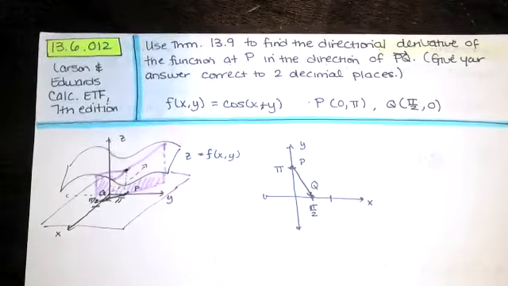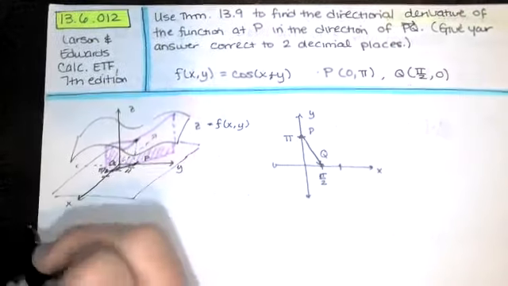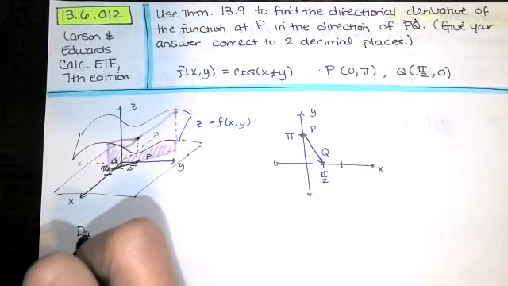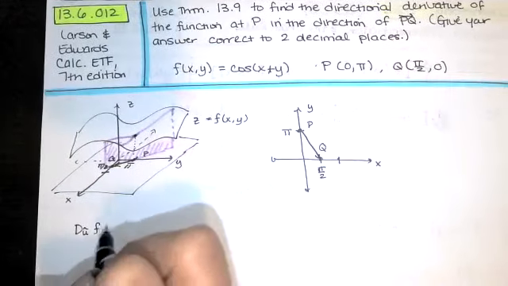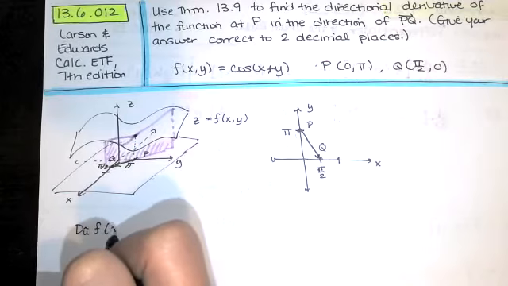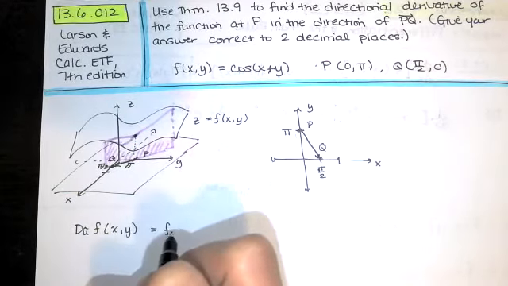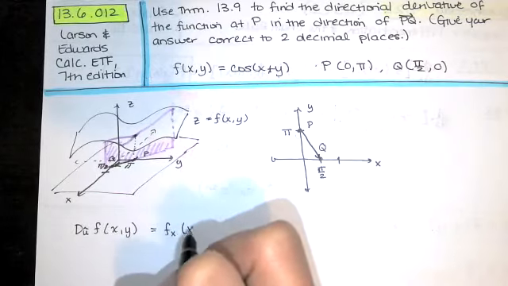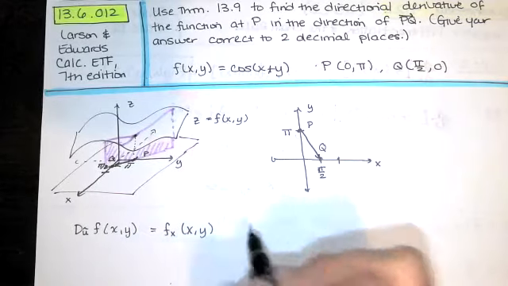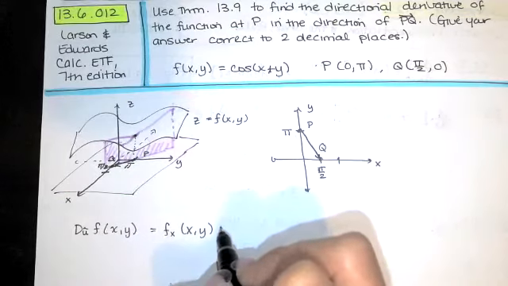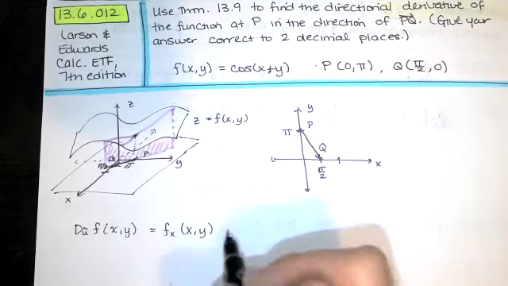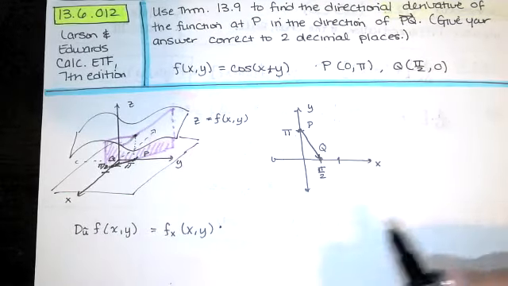Well, theorem 13.9 says that the directional derivative of f in the direction of u hat is just the partial derivative of f with respect to x times the x component of u hat.